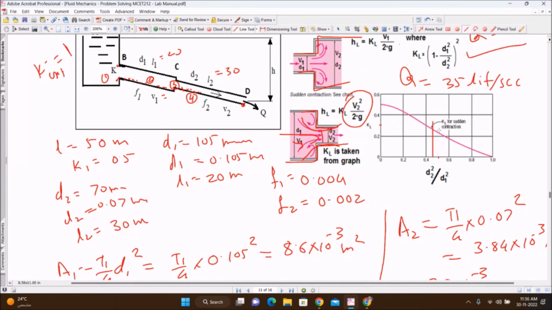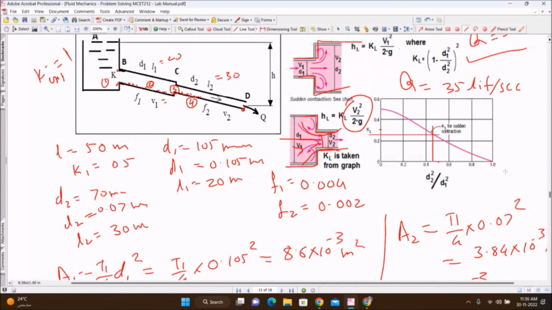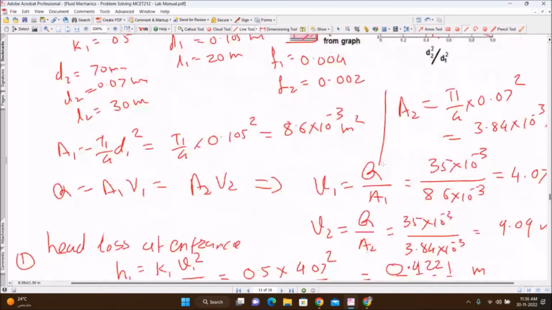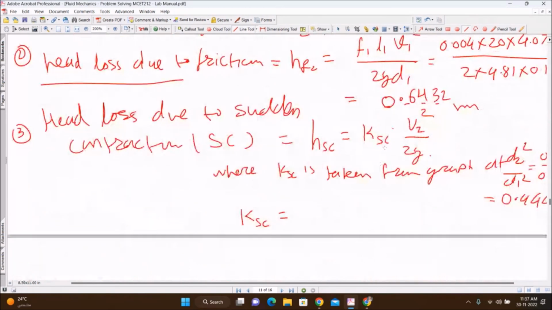From this, go horizontally. Yes, a little up. This will be 0.3, so you can take 0.26, 26 or 27, doesn't matter. So we'll take KSC is equal to 0.26.